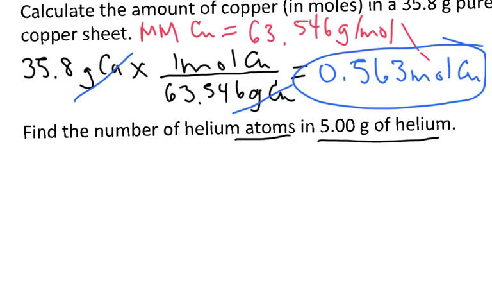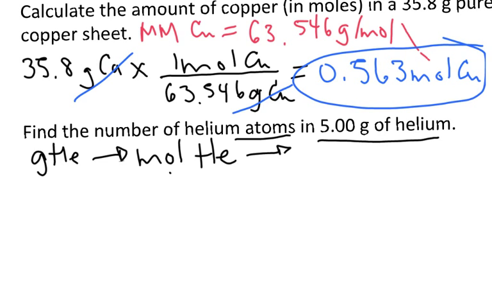Well, we know that we can go from grams of helium to moles of helium using the molar mass, and that we can relate moles of helium to the number of helium atoms. So we're going to use 2 things here. We're going to use both Avogadro's number and the molar mass of helium.